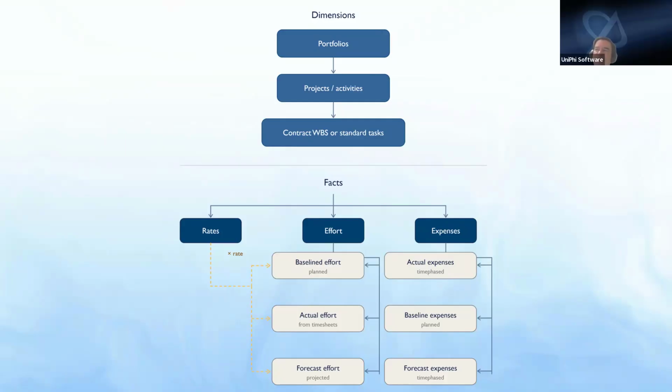Coming against those levels of dimensions are facts, and in this instance we're looking at four elements of facts. We've got effort, which you can estimate as a baseline, estimate as a forecast, and have actuals come through as a timesheet. You have purchased items, requisitions, and expenses, where you'll do the same three elements.